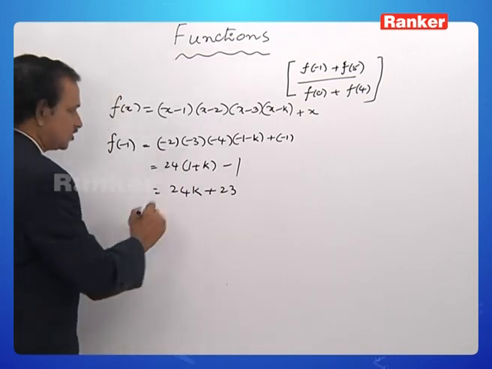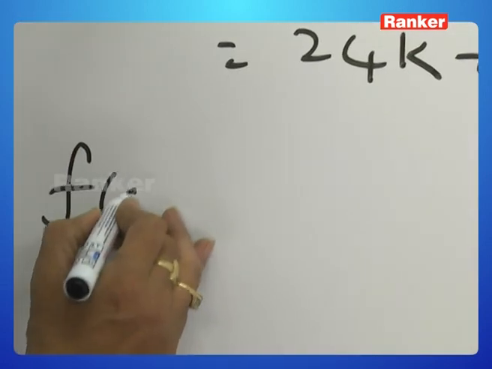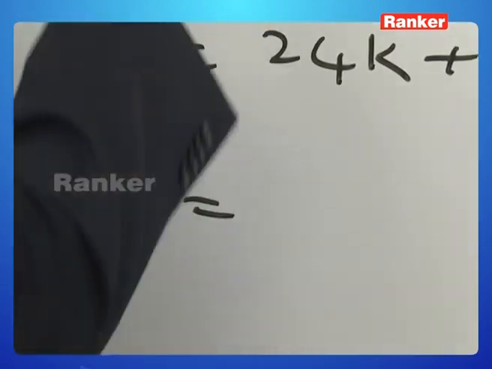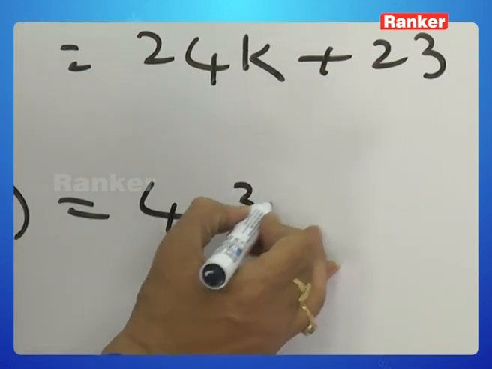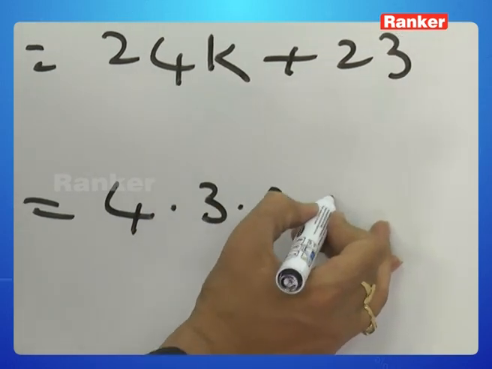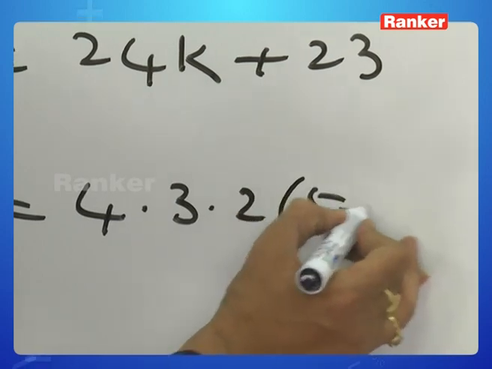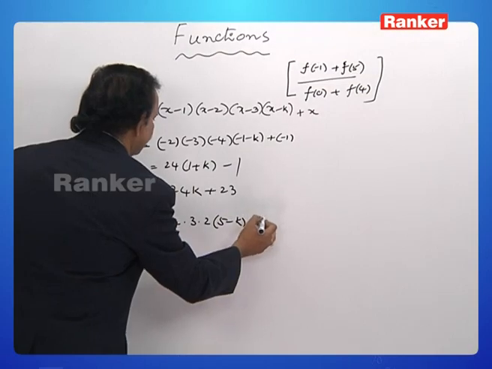Well done. Next, f(5). What is f(5)? (5-1)(5-2)(5-3)(5-k) plus 5.